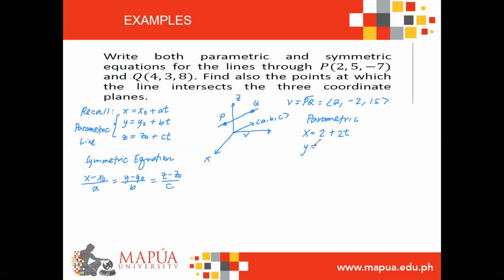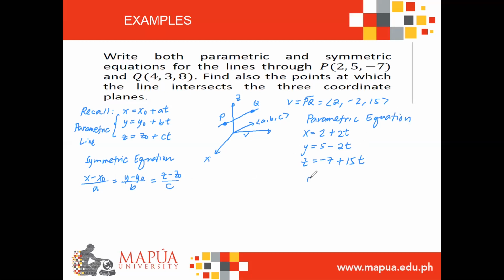Then y equals y sub 0, which is 5, plus your b, which is negative 2t. Then z equals z sub 0, which is negative 7, plus ct, so c is 15t. So this is the parametric equation of your line L.